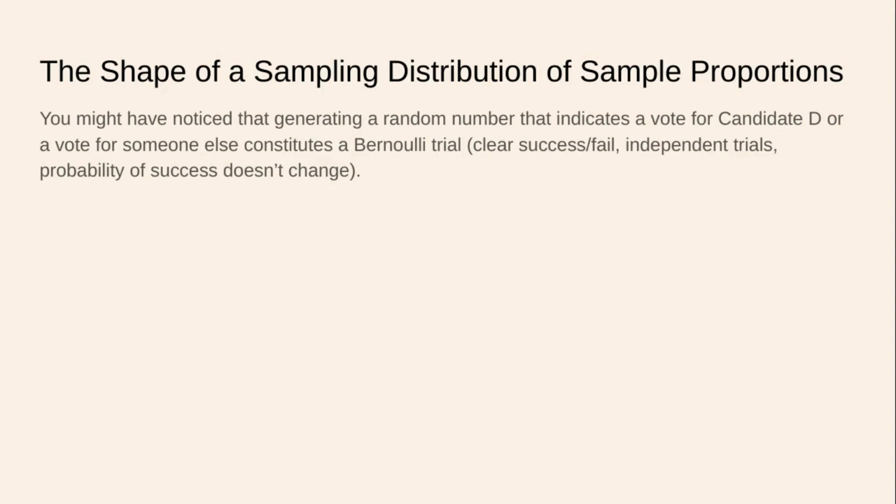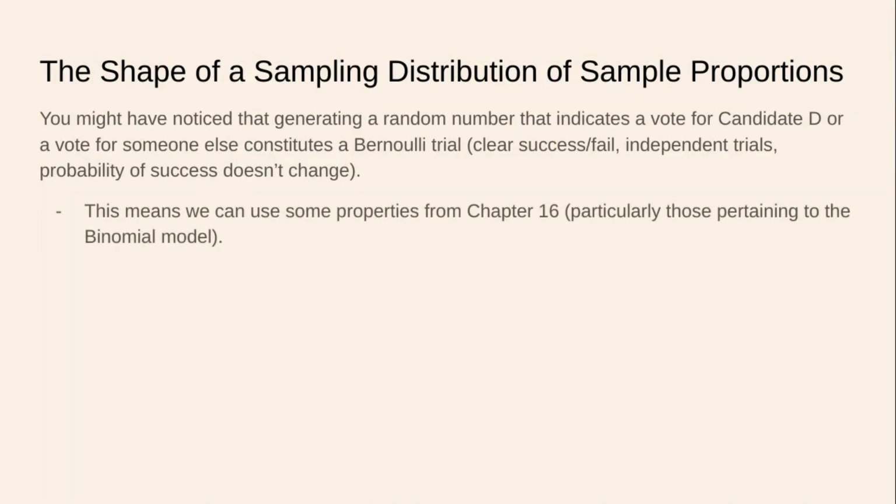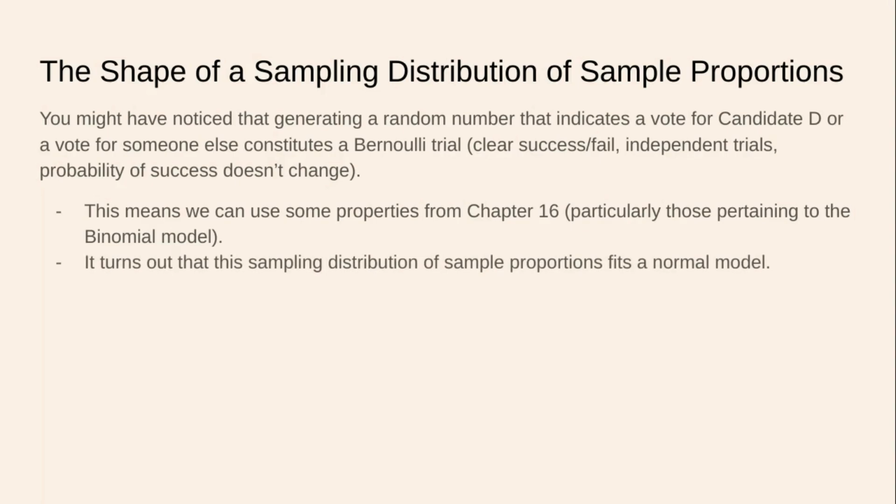So assuming that is the case, these are Bernoulli trials. That means that we can use some of the properties of Chapter 16 to describe the distribution of sample proportions. And our sampling distribution of sample proportions is going to fit a normal model, not just any unimodal and symmetric curve, but the normal model itself.